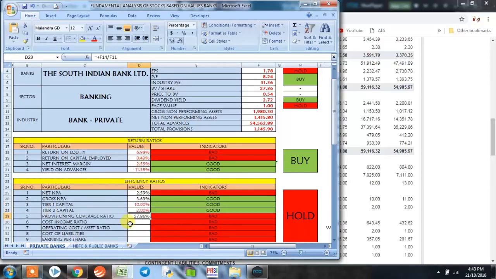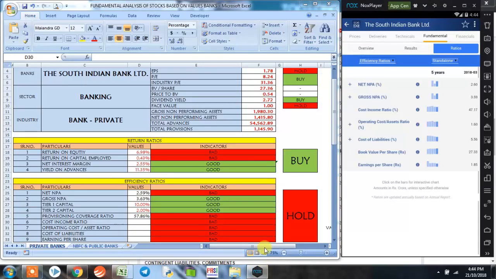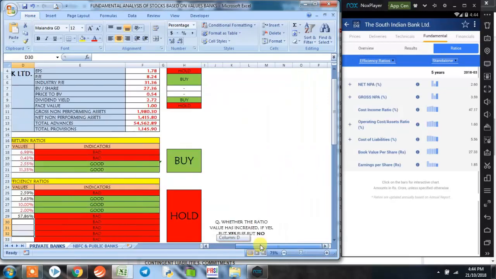Provisioning coverage ratio is calculated by dividing the total provisions by its total advances. So it is 57.86%. Now coming on to the cost income ratio. For these three ratios, there is a condition that we need to fulfill.